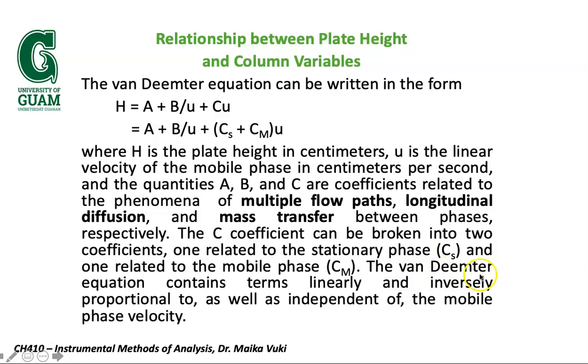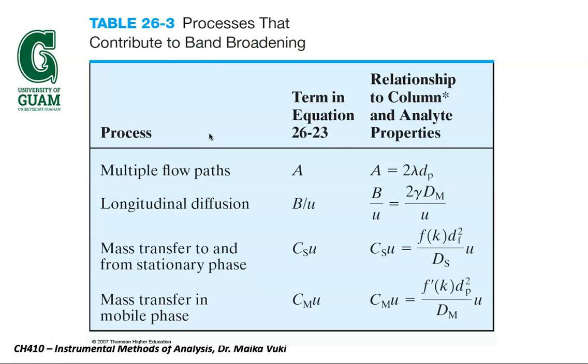So the Van Deemter equation contains terms linearly and inversely proportional to, as well as independent of, the mobile phase velocity. So you'll see that from the relationship that is here in the top equation.